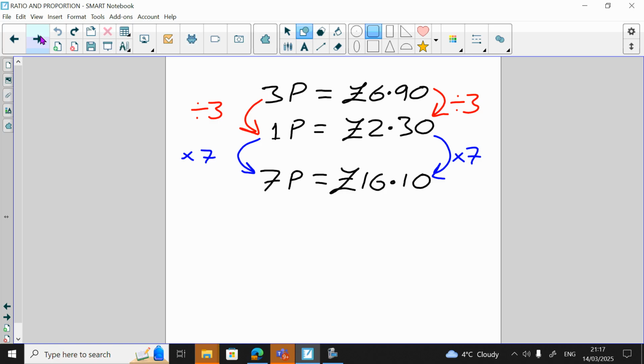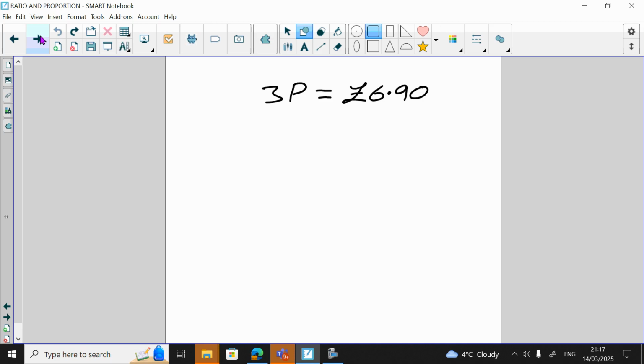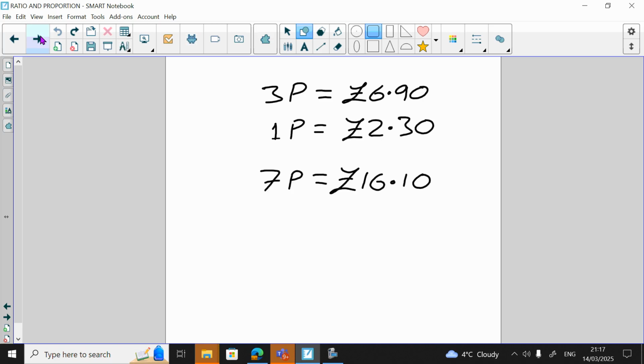Sometimes your brain actually does it for you, and you don't think about algebra or equations. So 7 pints or portions would cost £16.10. Here, we did the multiply and divide on either side. Bingo.